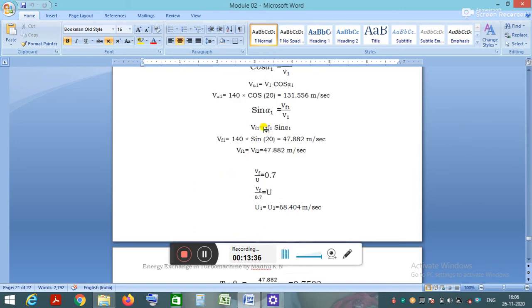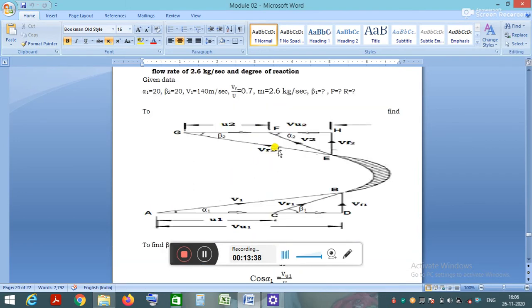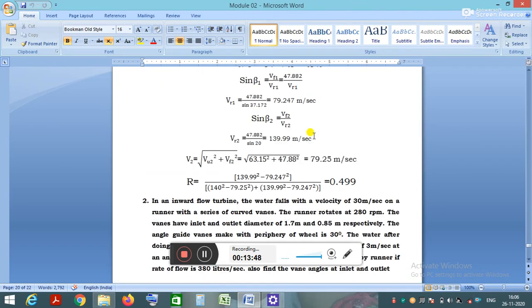To find V2 from the outlet velocity triangle, we have V2 square equals Vf2 square plus V suffix U2 square, from Pythagoras theorem. Substituting in that equation, we already know the flow velocity and the tangential component at the outlet, so we can find V2.